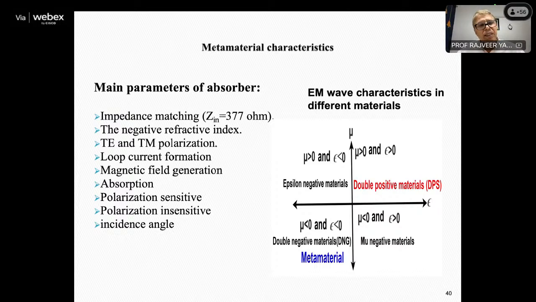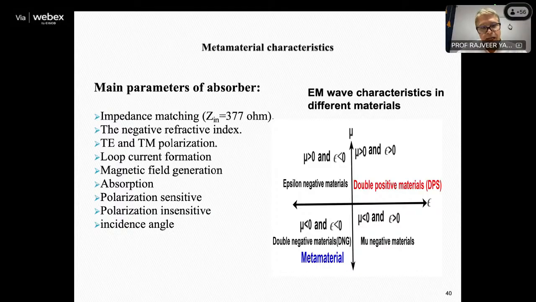So TE and TM polarization. Here the loop current formation, magnetic field generation, and then only the absorption takes place. So to get these absorption parameters as accurate as possible, we need to make this device polarization sensitive, as well as sometimes polarization insensitive.